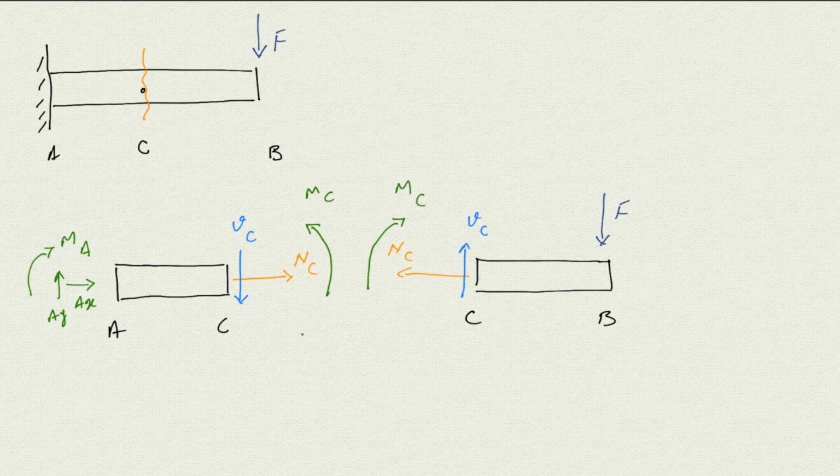So these are the conventional positive directions for the normal forces, for the shear forces, and for the bending moment. Whenever they say they are positive, it means they're following these directions or senses. If they are negative, it means that the direction is against this conventional direction.